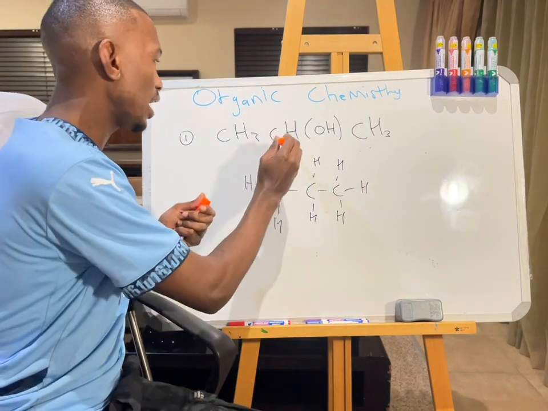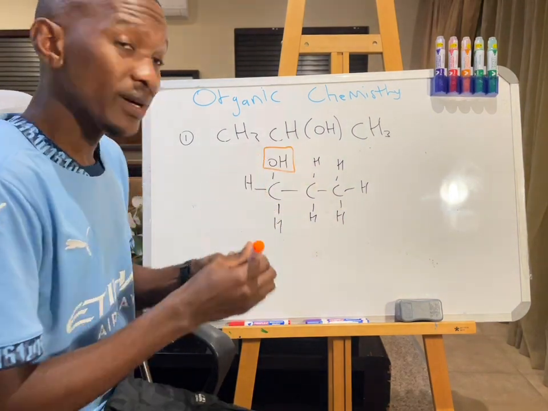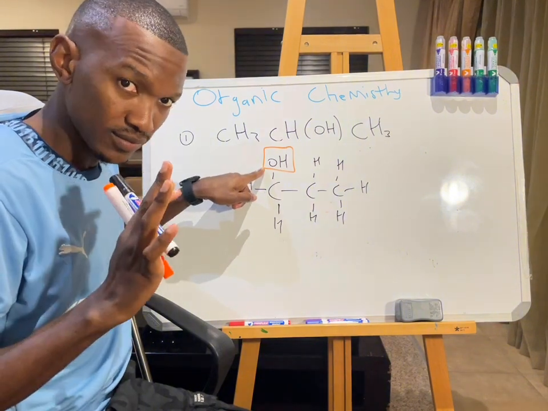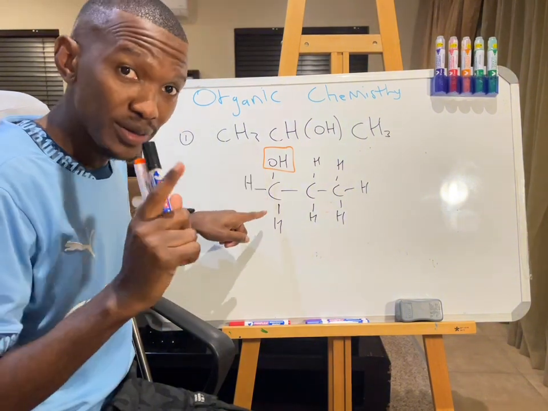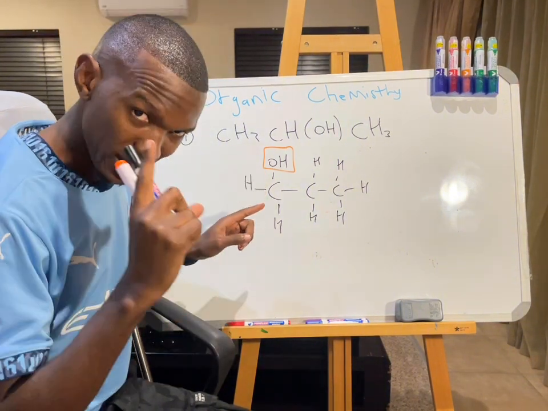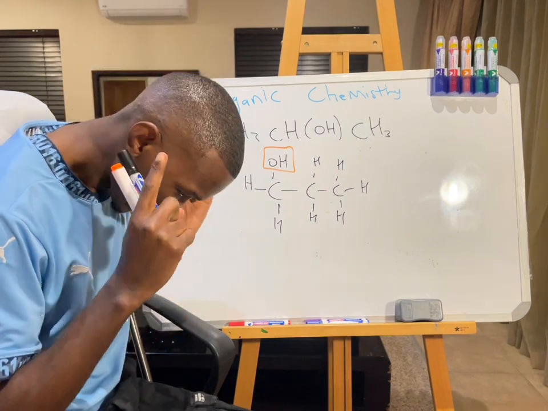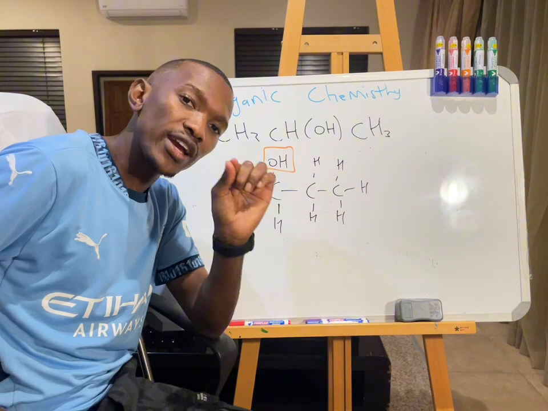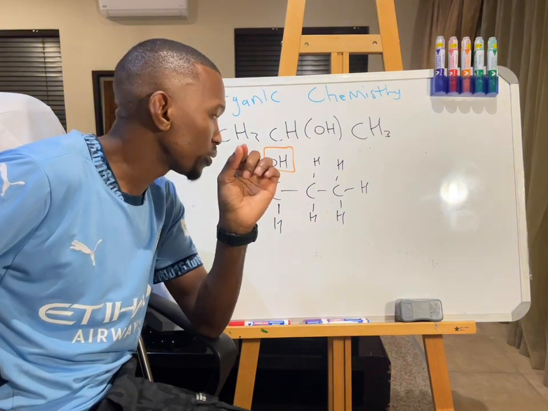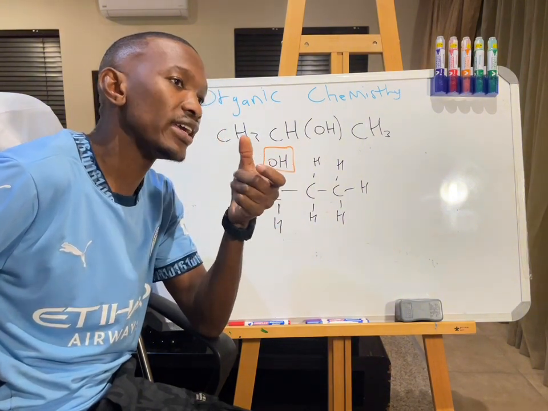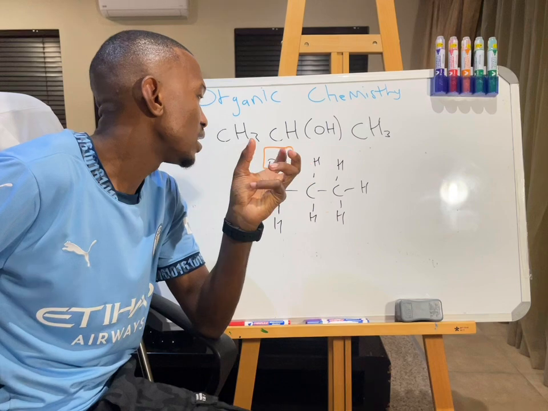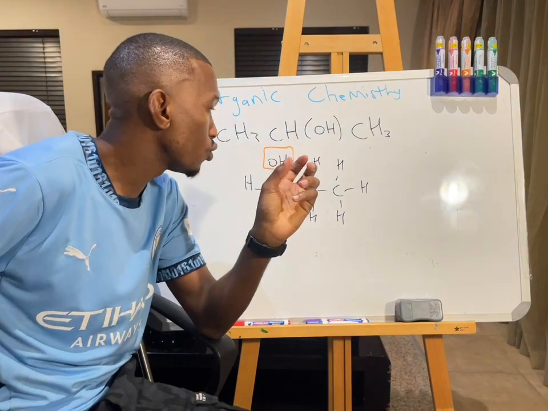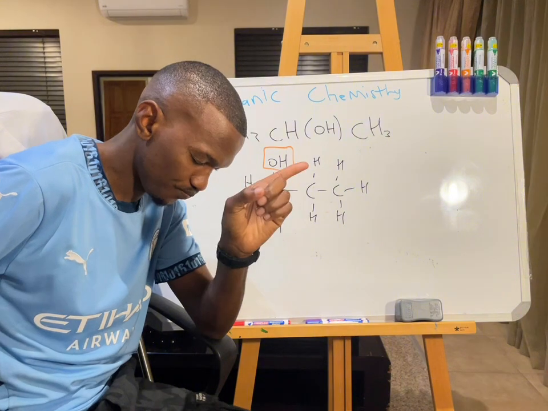A primary alcohol is when the carbon that has the OH is attached to one carbon atom.